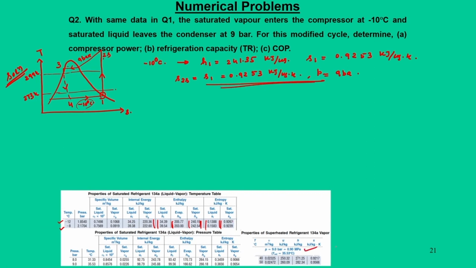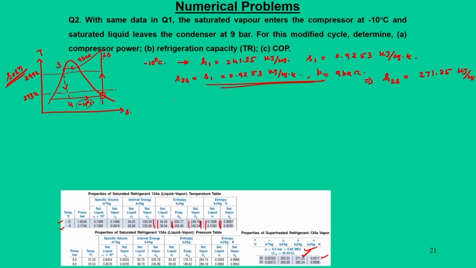So, for 9 bar and this entropy value, we can say this will give H2s as 271.25 kilojoule per kg. So, we know H2s.